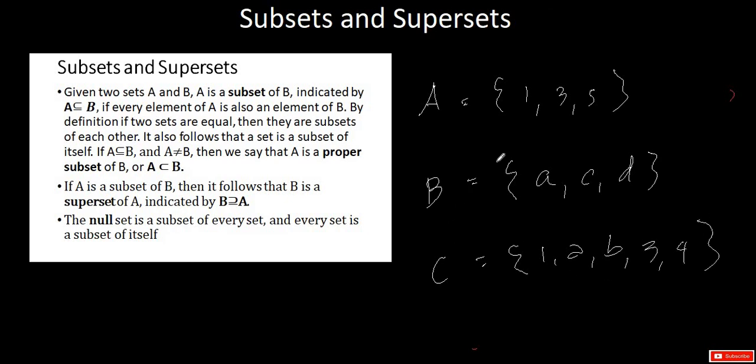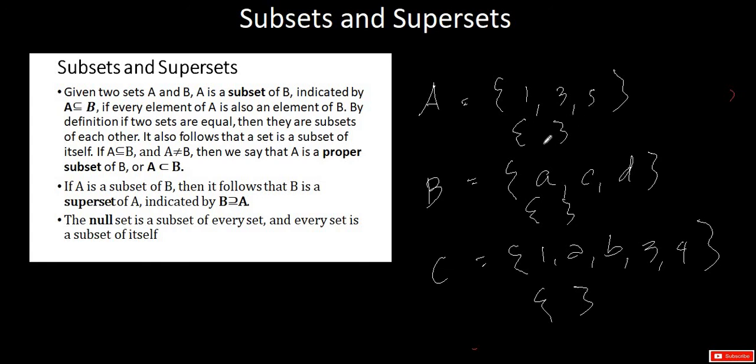Now, when we collect elements of a given set, we start from nothing. So we start from an empty set, which has no element, right? We start from an empty set.